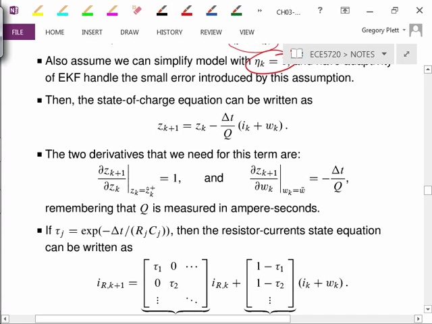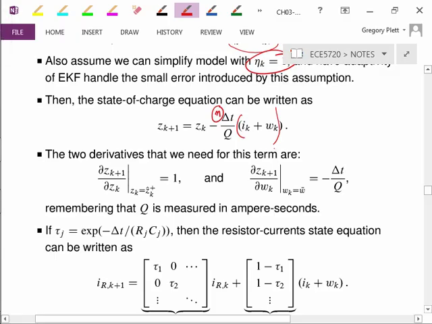We are then going to write the state of charge equation of the model as zk plus 1 equals zk minus delta t over Q times (I plus wk). What you see there is that the eta, which was there, is 1, so that is no longer visible, and we are parenthesizing current plus w in this integral of coulombs being counted.